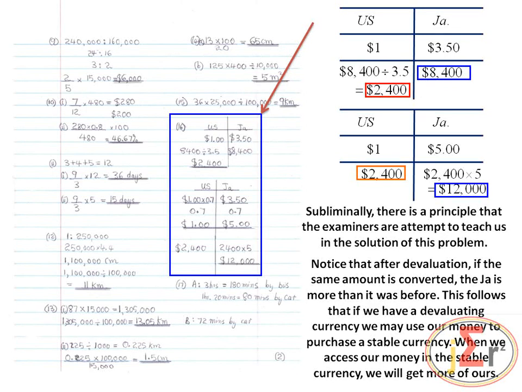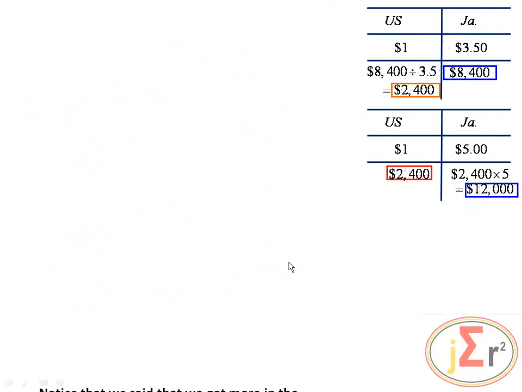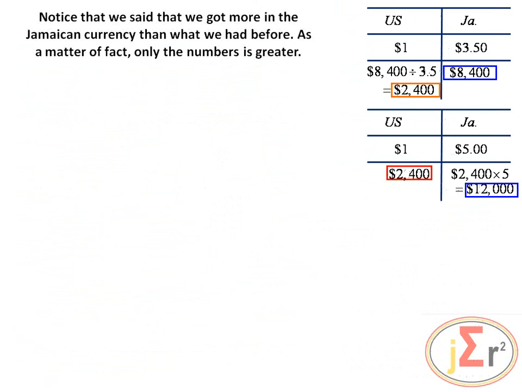But as we see here, it is not really more powerful, because it can only still purchase 2,400 US dollars as before. Notice that we said that we got more in the Jamaican currency than what we had before.